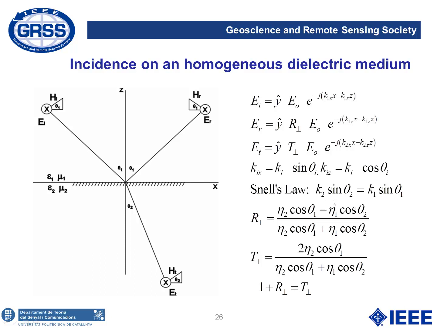But you can see here one can obtain the angle of transmission, this theta 2, the so-called Snell law, and we can obtain the reflection and the transmission coefficients, which depend on the impedance of medium 1 and 2, and also on the angles of incidence and reflection.